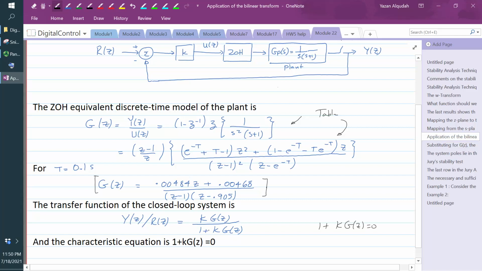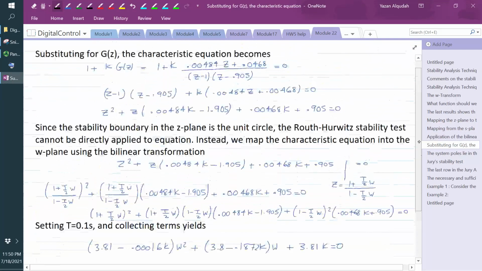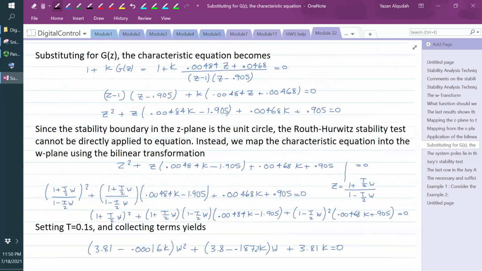The denominator set equal to 0 is the characteristic equation. So now we calculate 1 plus k multiplied by G of Z equal to 0, and this gives me this characteristic equation here.